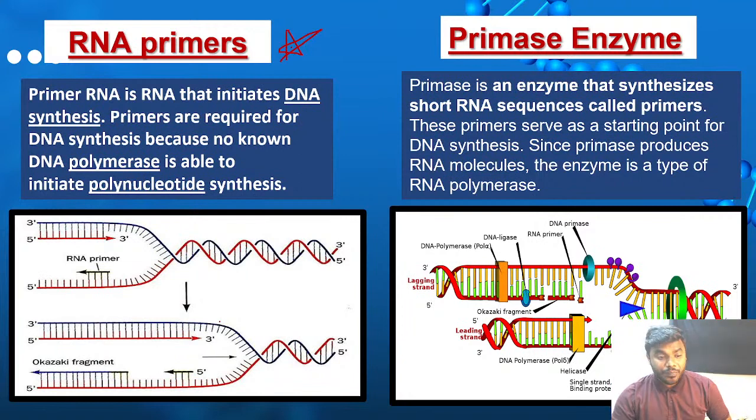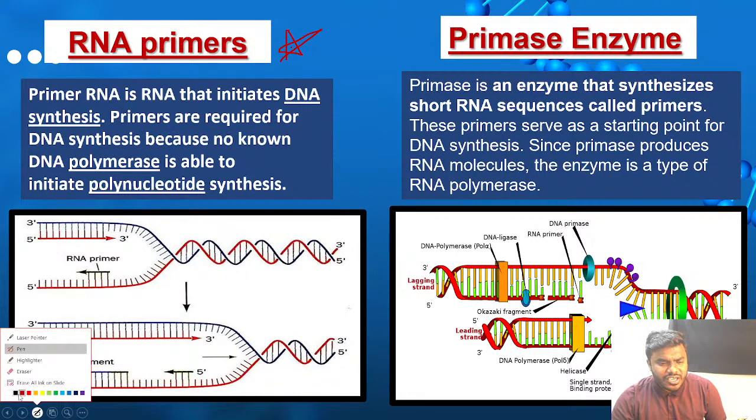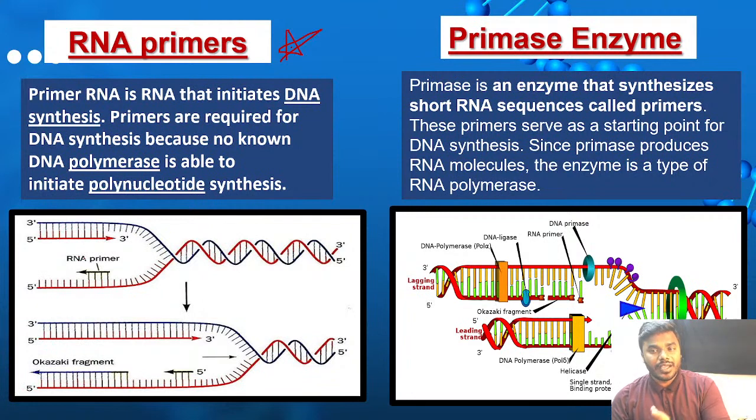Same way, friends. What is the function of a DNA polymerase enzyme? It has to synthesize the nucleotide. If it wants to synthesize, first I have to add certain nucleotides.